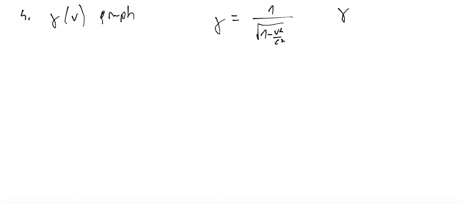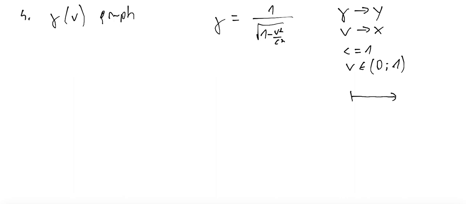You have to plot a graph of Lorentz factor on the y-axis versus v on the x-axis, taking c equal to 1, yeah, and you have to limit your v to the range between 0 and 1, okay, and scale your graph in the case of x from 0 to 1, in the case of y from, let's say, 0 up to, let's say, 10, okay.